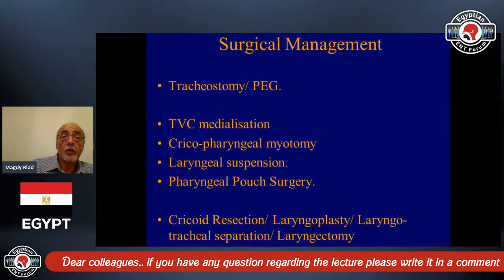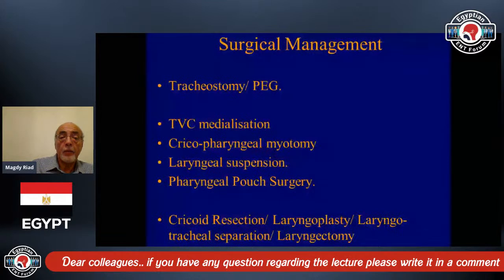So these tracheostomies and PEGs are things that you do to buy time. Most of the patients you would treat would require one of these three things. I'm not going through the pharyngeal pouch surgery for this lecture, but it's laryngeal competence procedures, cricopharyngeus myotomy, and laryngeal suspension. Most of the patients you will treat would be one of these procedures.